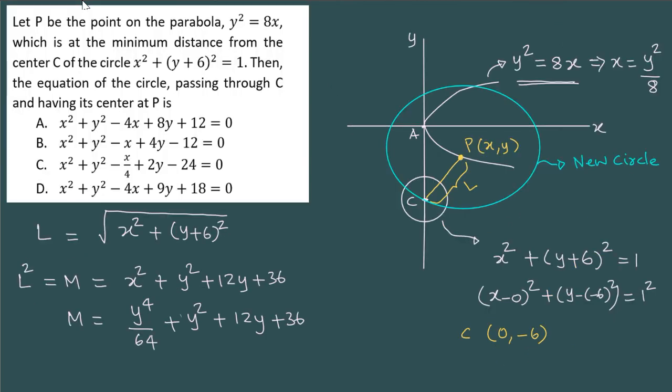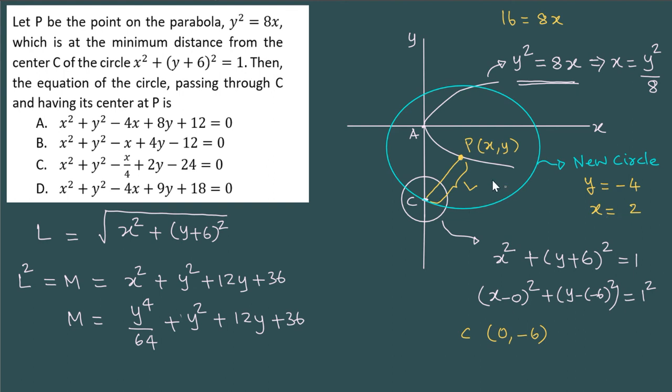So let's go back to our thing. What do we have here? So let me use a different color. So y is minus 4. If I substitute here, what do I get? So that is 16 is 8x. So that means x is 2.